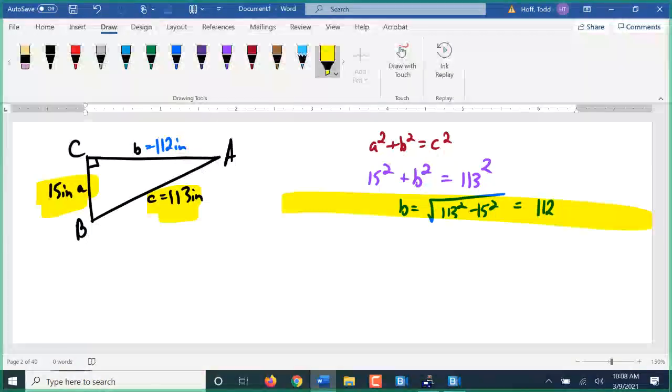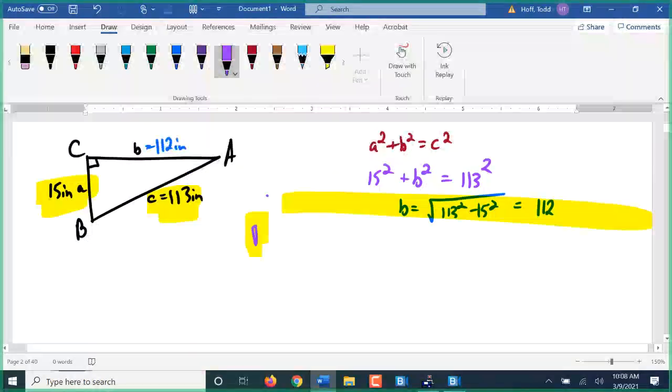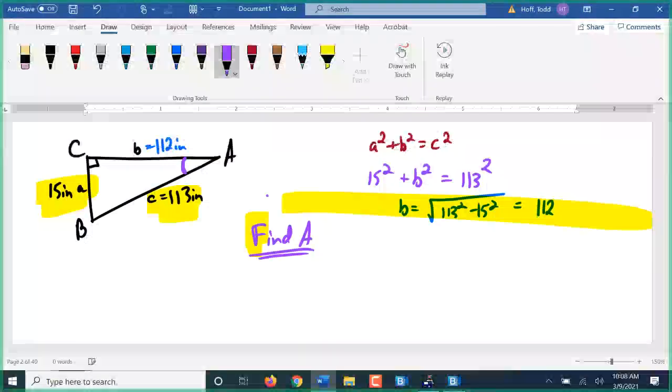So anyway, if I want to find angle A, here's angle A. I look at the sides that I have. 15 would be the opposite side, 113 would be the hypotenuse. Opposite and hypotenuse means I'm going to be using the sine.